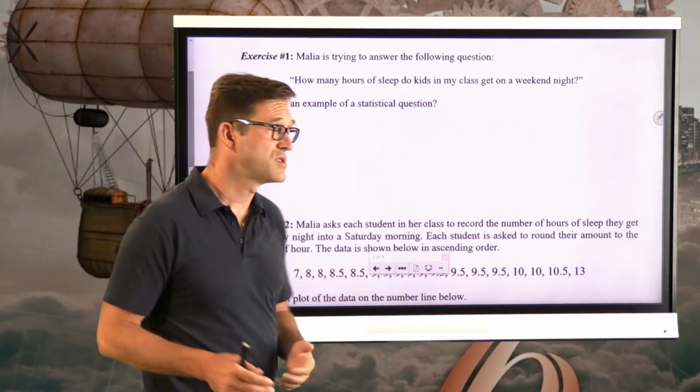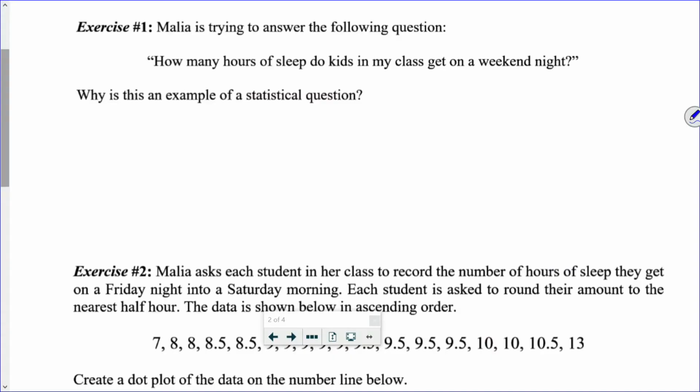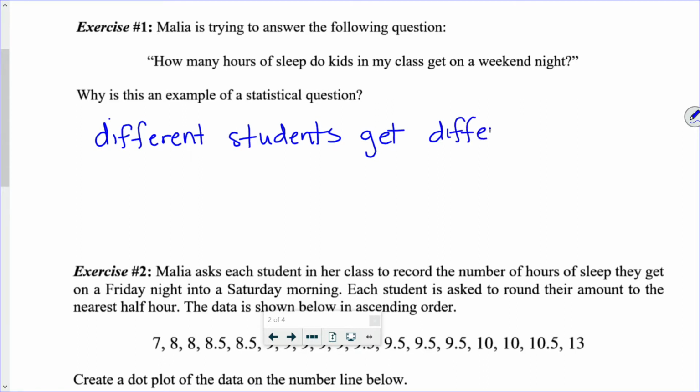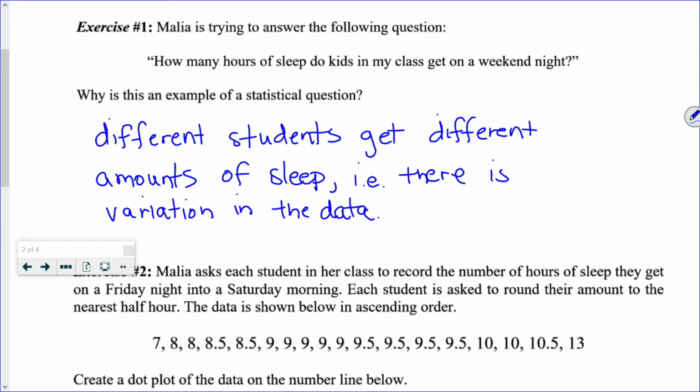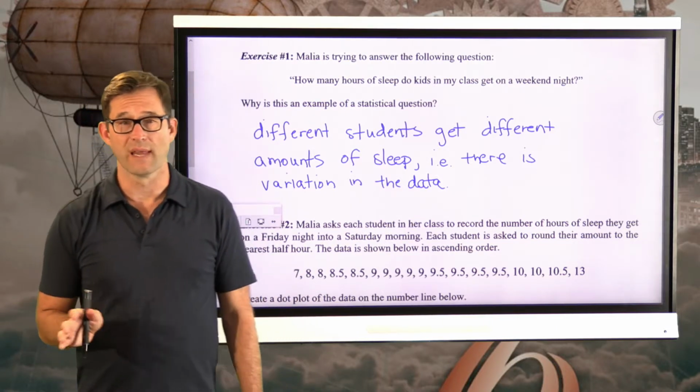Or you could just say it: different students get different amounts of sleep, i.e. there is variation in the data. And that's what it really boils down to.